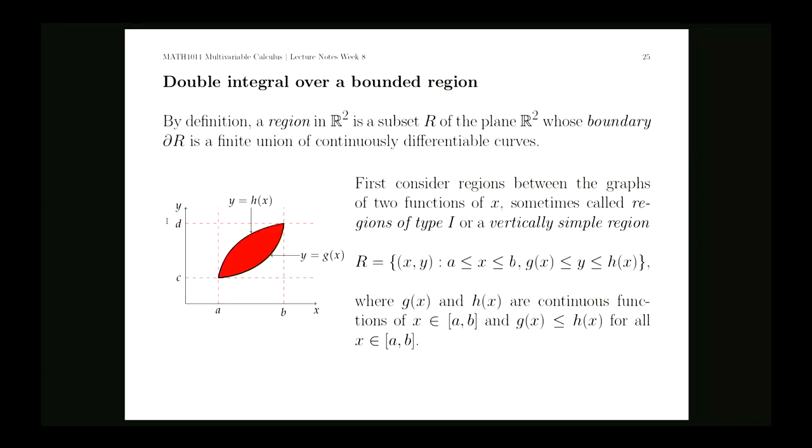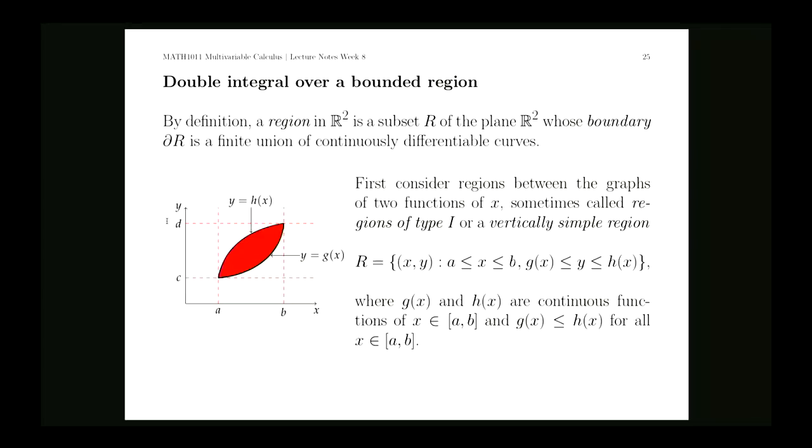There's no such thing as doing this over open regions. Let's say, for example, we've got a region conveniently described as bound by two functions of x. So the lower curve is some y equals g of x, the top curve is some y equals h of x.